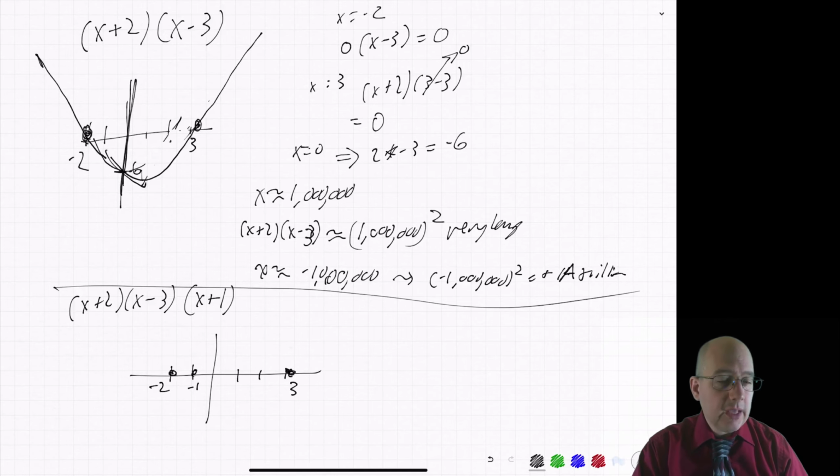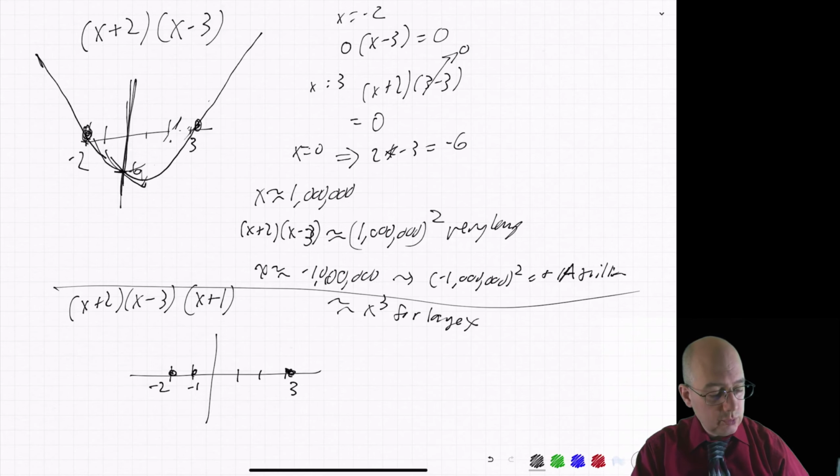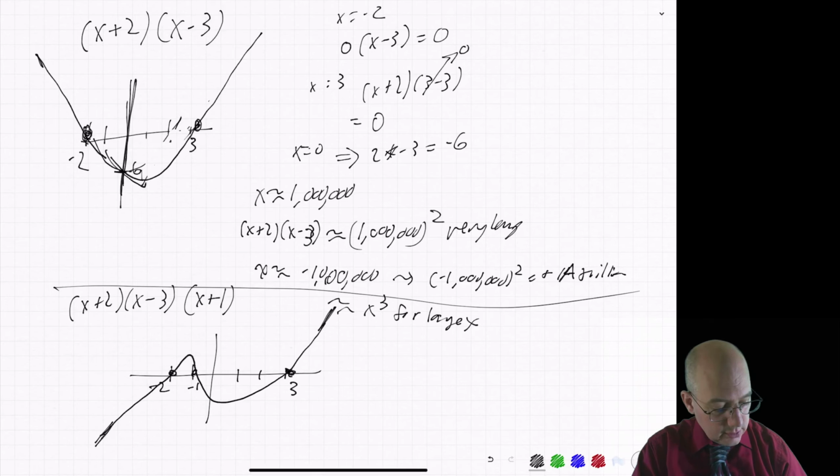Now it's looking like x cubed for large x, right? And so that's going to be like this, and that's going to be like this. All right, and so now I can just connect the dots. It goes up through a 0, comes down through a 0, goes up like this.